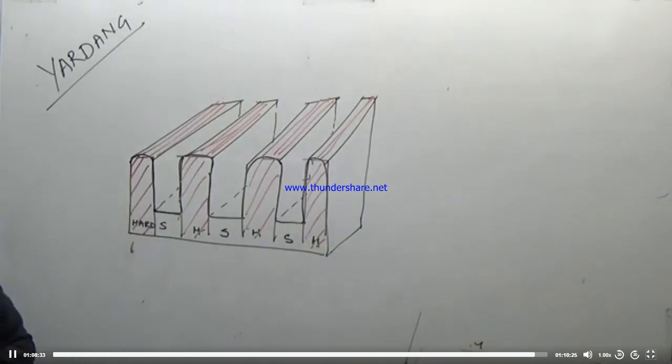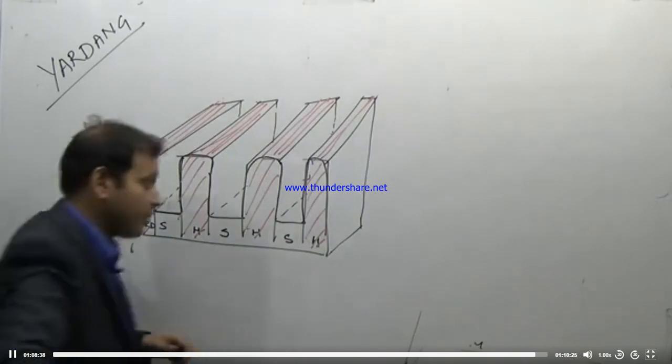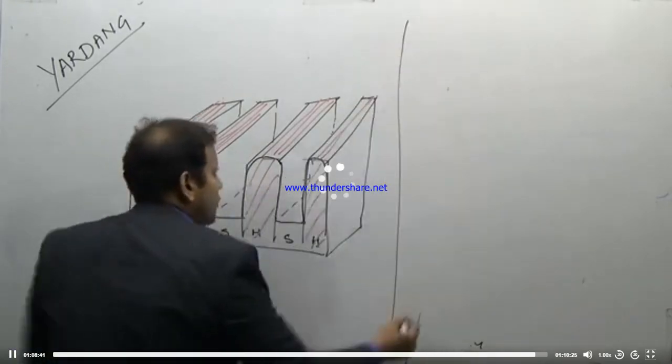So what are the yardangs? They are similar to the ridge and furrow landscape in Zeugen.